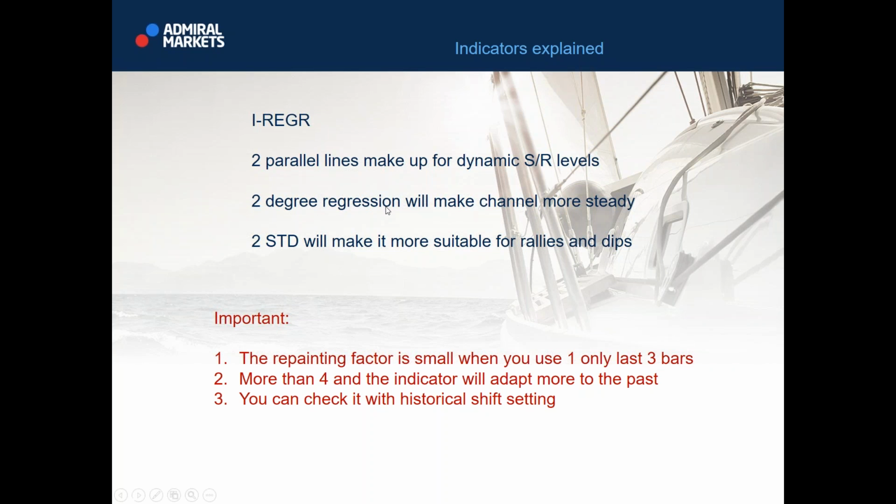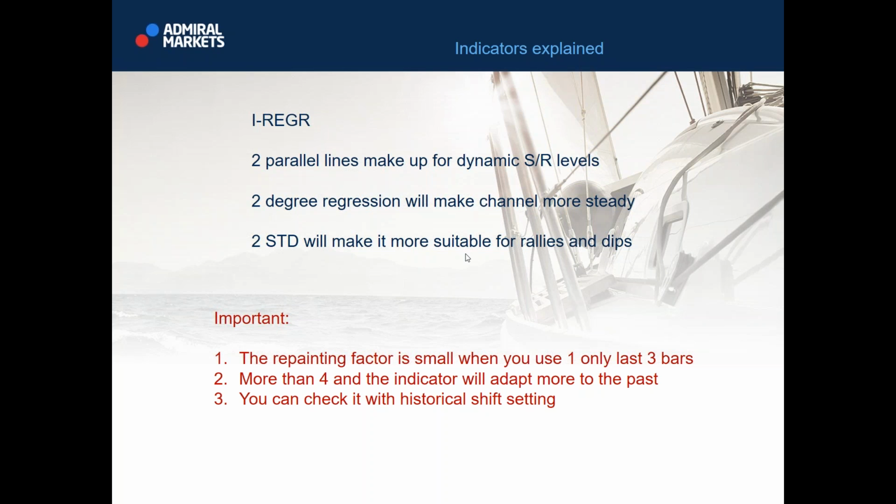We use 2-degree regression because 2-degree regression will make the channel more steady. 2 standard deviations will make it more suitable for rallies and dips, and more suitable for intraday rallies, guys, okay? Especially for intraday rallies. And not just rallies, dips also, but the range that you can trade is a bit higher compared to standard channel-based systems.